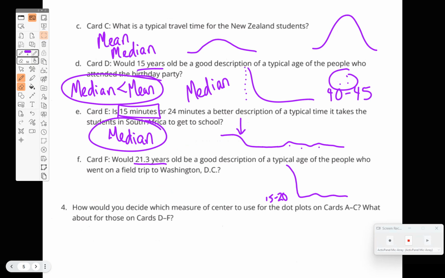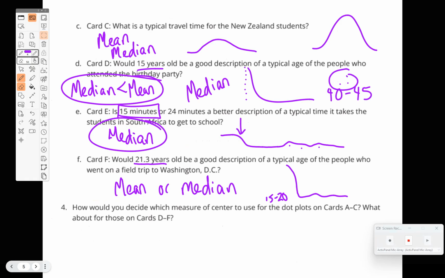Or 18. So I could see how you could argue that your mean or your median would be appropriate on this one. As long as it's close to that range. Okay, as long as you're careful and you look at that range. Okay, makes sense. A little confusing.